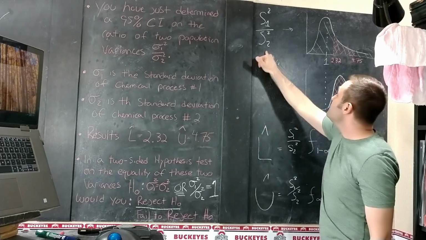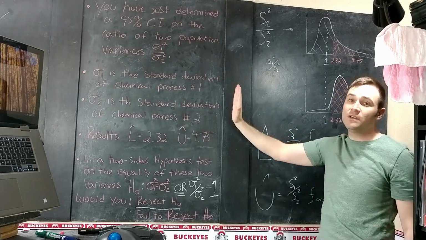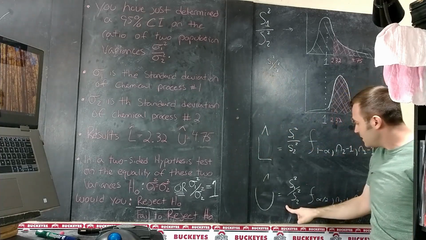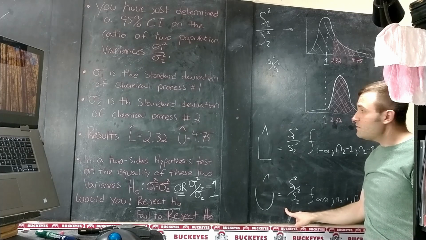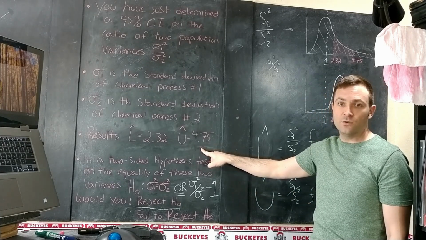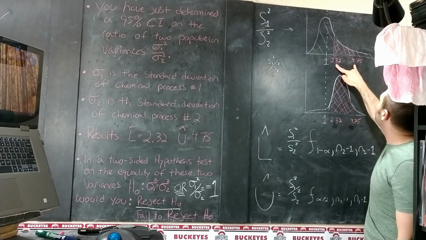And we took the same value, which is not specified in the question. So notice you don't even need to know what it is. But we took this same value and we plugged it in to this equation, again, straight out of your notes, and we got an upper bound on that 95% confidence interval. So 2.32 to 4.75, we got this range.